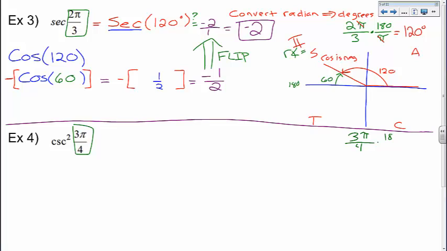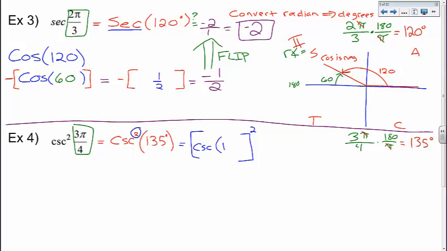In example 4, I follow the exact same method, except with a slight twist. I convert my angles from radians into degrees, and then rewrite my example as the cosecant squared of 135 degrees. Now, this squared is new, but don't be afraid. All this is saying is that we are looking for the square of the value of cosecant of 135.